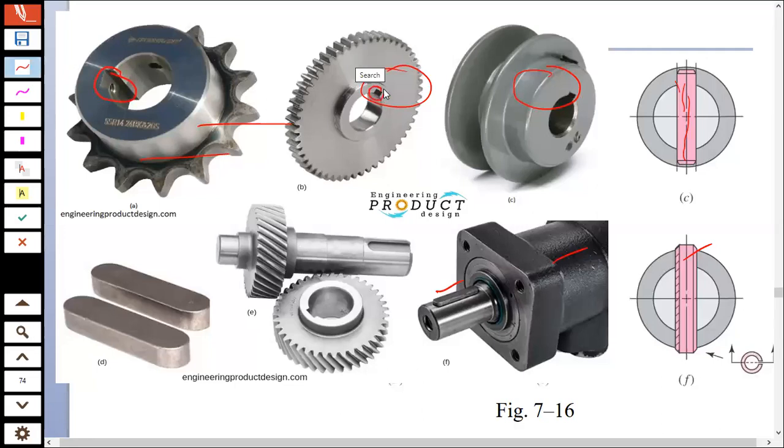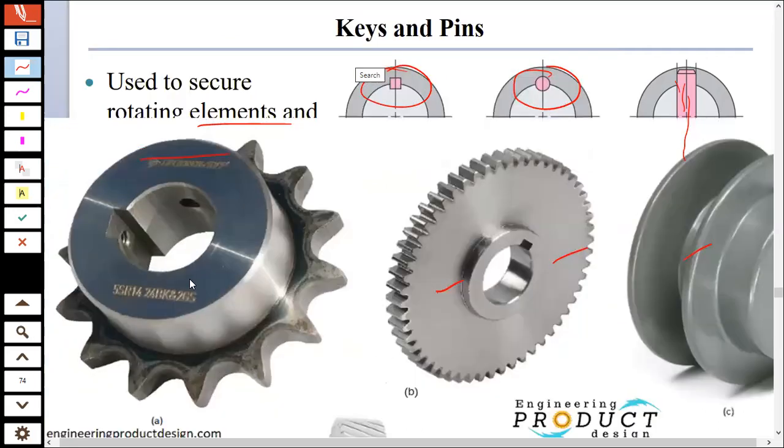Over here you see that this is the keyway, and here the keyway, and this is the keyway in the shaft. Similarly, there is a keyway in the shaft, and there is a key in there. These are keys, and keys are of different types. You can see keys of different types in shafts.